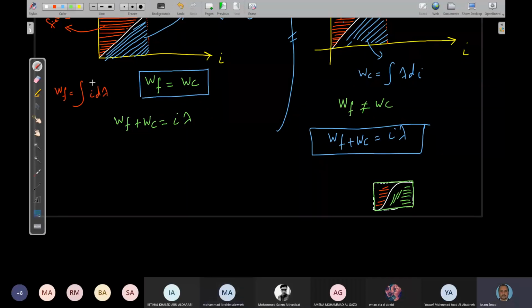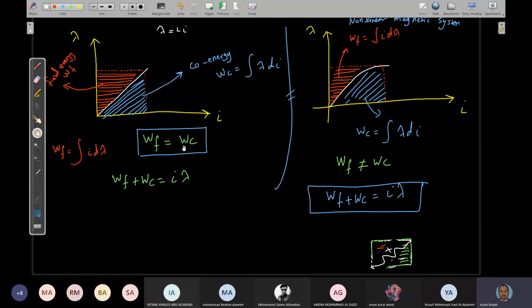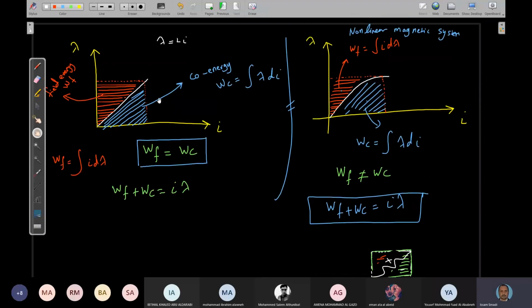If I change this one to be something like this, this area, so omega f plus omega c is equal to I lambda, whatever I'm having. But what's the difference between the two? Omega f is equal to omega c in the linear magnetic circuit, but in the nonlinear magnetic circuit, omega f is in general not equal to omega c. So this is linear.